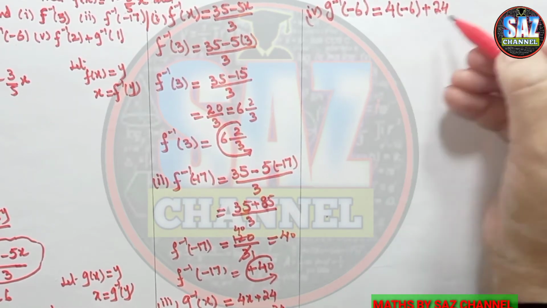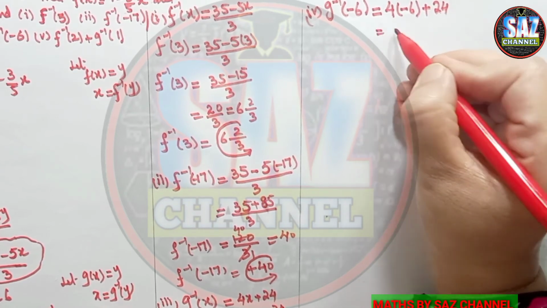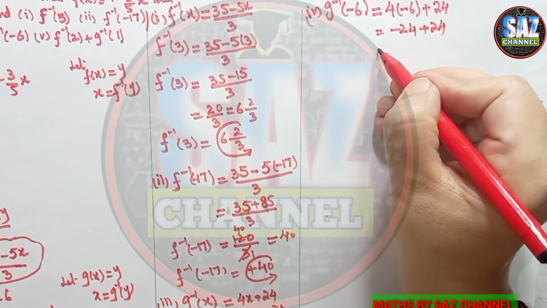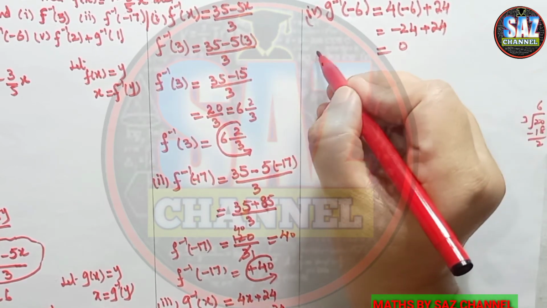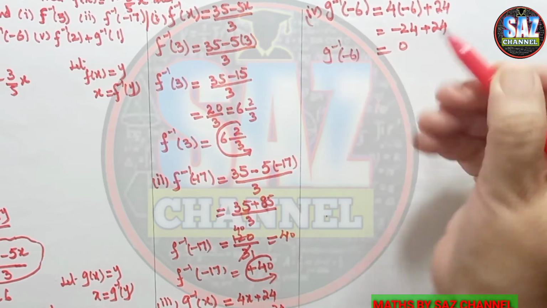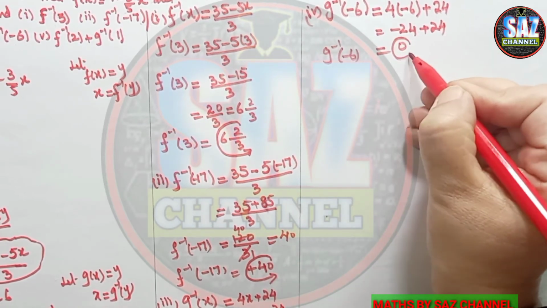This will give me minus 24 plus 24, which is equal to 0. So g inverse of minus 6 equals 0.